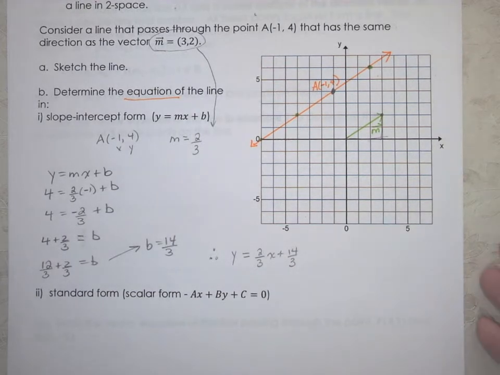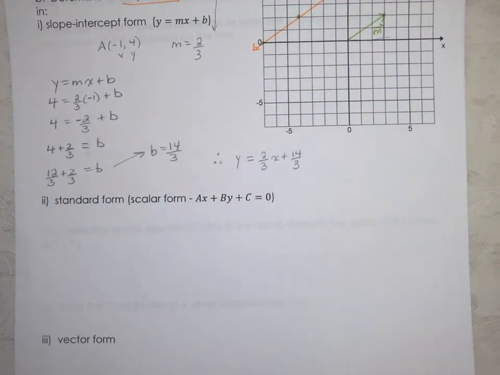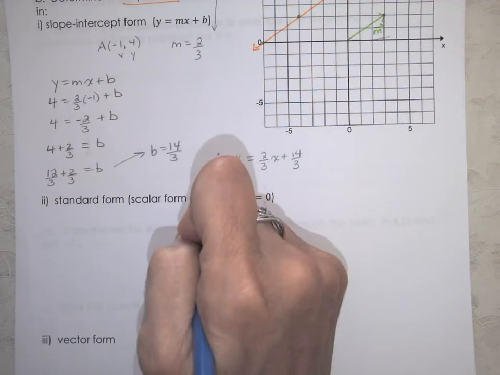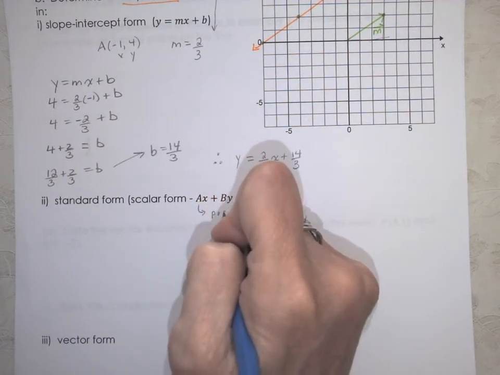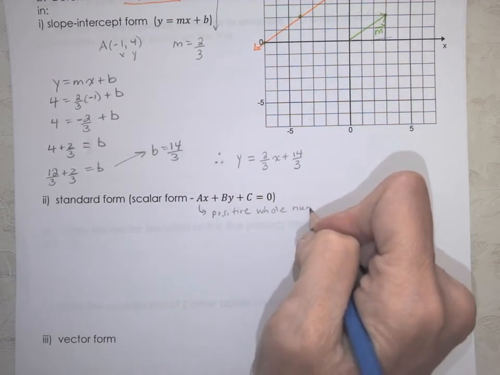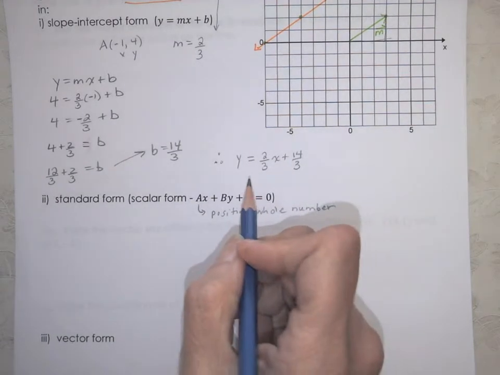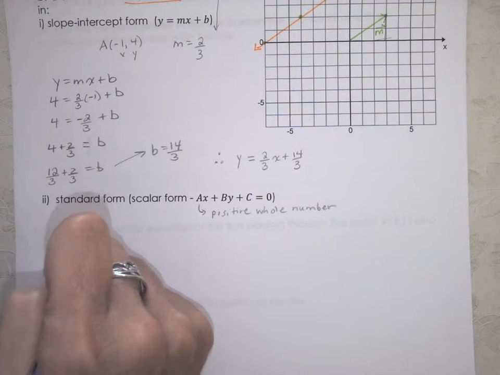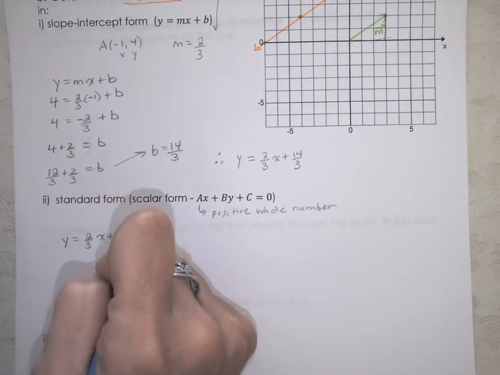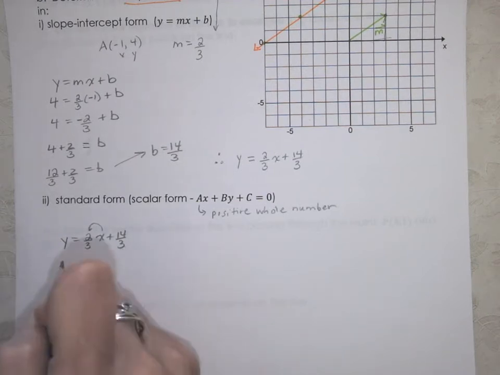Standard form, also called scalar form, which we're going to learn about soon, is the form Ax + By + C = 0, where A, this coefficient, has to be a positive whole number. So we have to use algebra to make sure it's positive and a whole number. We're starting with y = 2/3 x + 14/3. I'm looking for the coefficient of x. It's a fraction, it's positive though, so in order to eliminate that fraction, we multiply every term by the common denominator, which is 3.